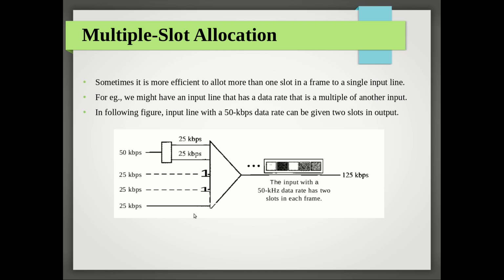If you had one more line with 25, you could combine them, and totally using a 3 by 1 mux you could produce a final output. That is fine, but as it is an odd number of input lines with capacity 25, it is not possible for us to pair them up.